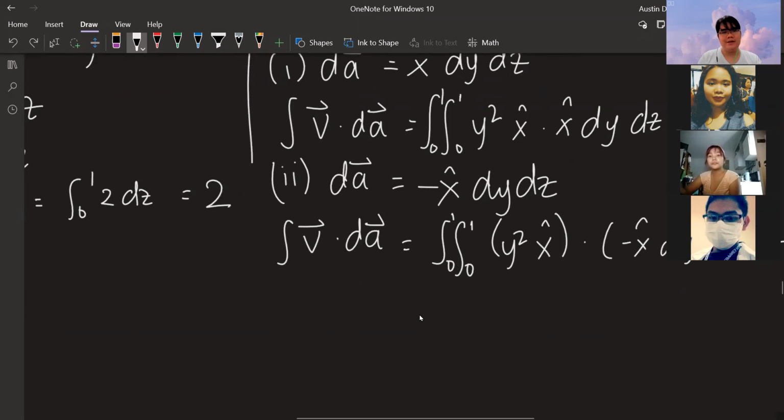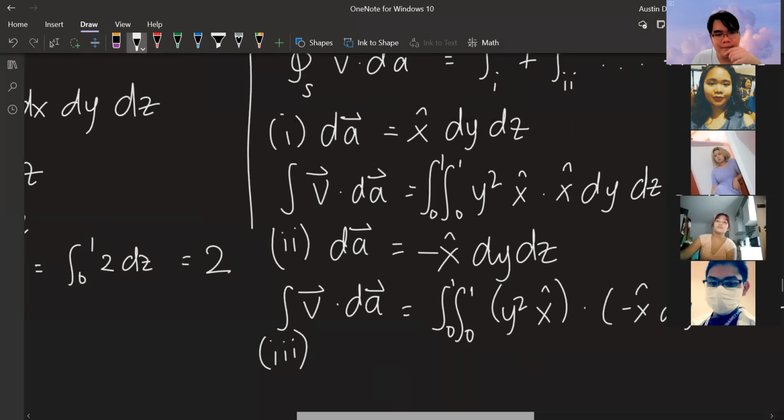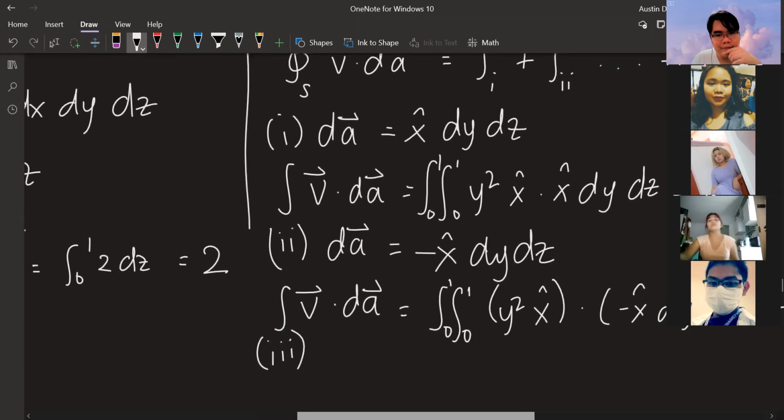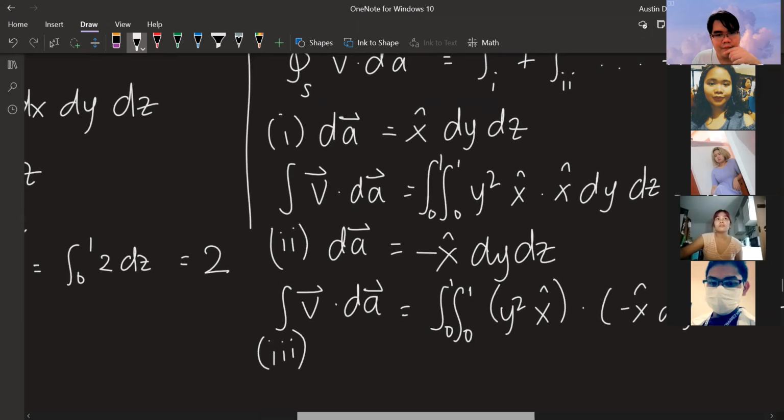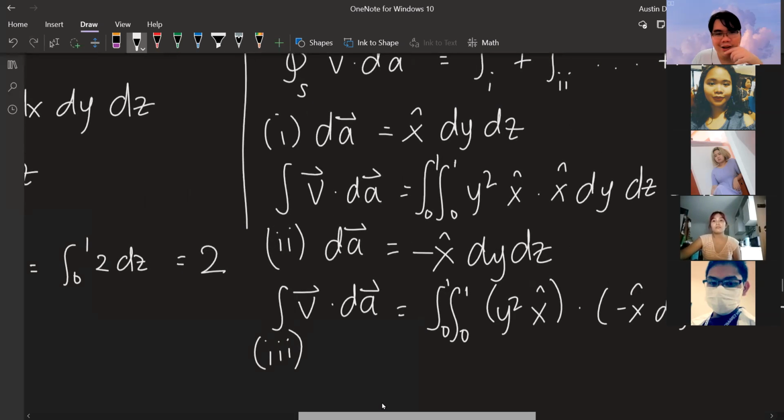Number 3. Nagsasolve ba kayo? Sir, question po. Yung notations na sinusulat niyo po dyan sa OneNote niyo, sir, pwede po ba yung ma-save and ma-send as a file? Hindi. Hindi ko rin alam paano i-export pa sa PDF or something.